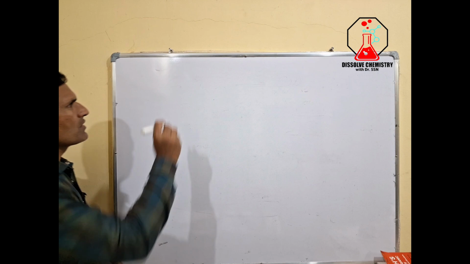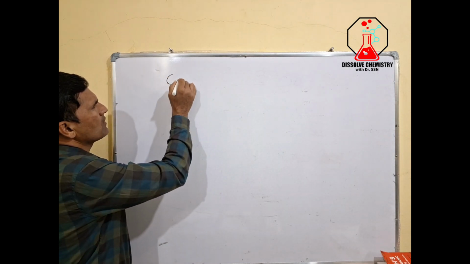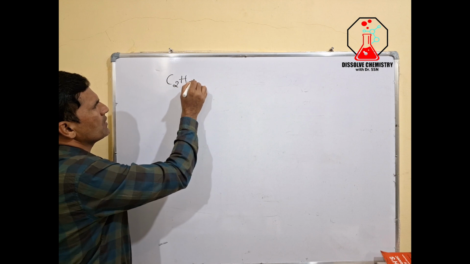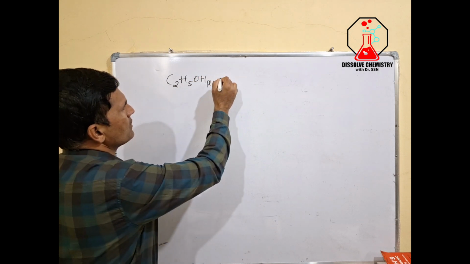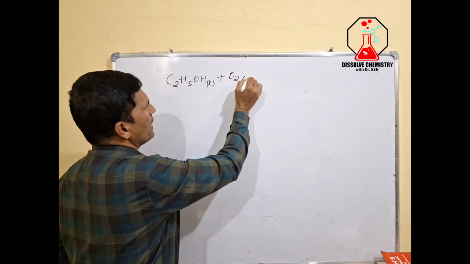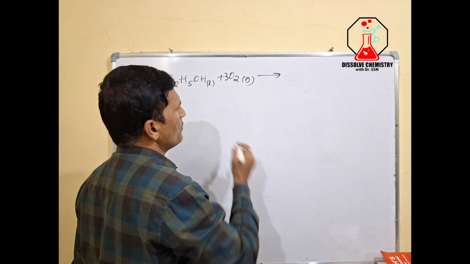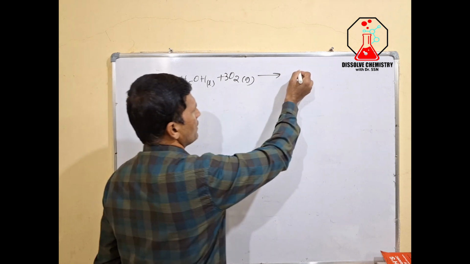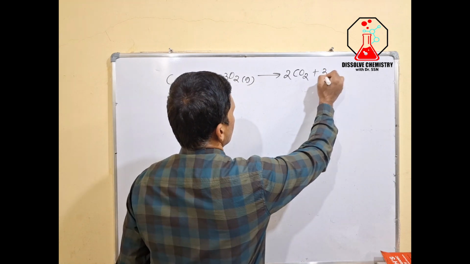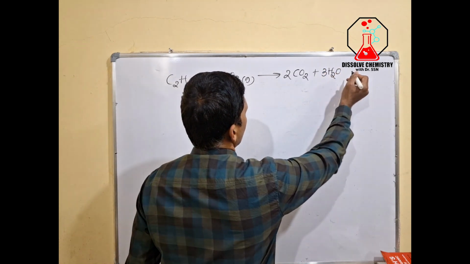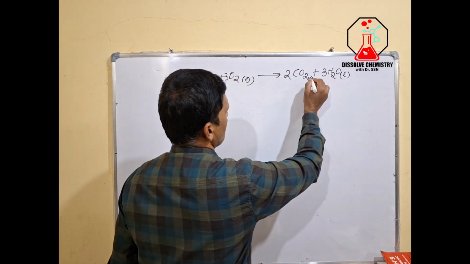See, here we will write one thermochemical equation. As an example, we will take the combustion of ethanol. Ethanol, liquid, plus O2 gas, 3 moles you have to take. Upon complete combustion it will give 2 moles of CO2 gas plus 3 moles of water, liquid state, and this is gaseous.